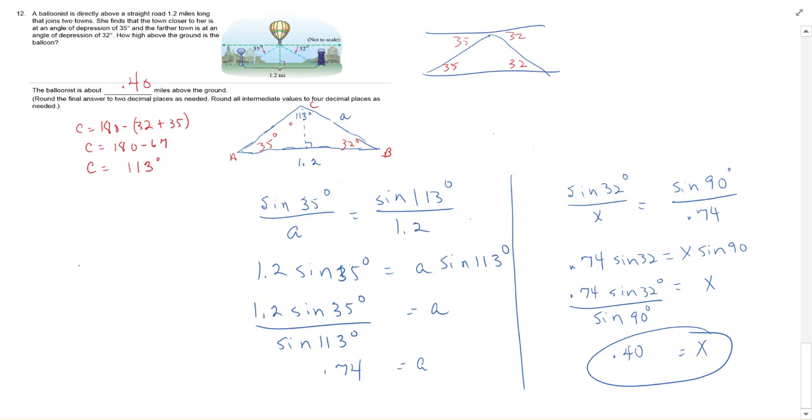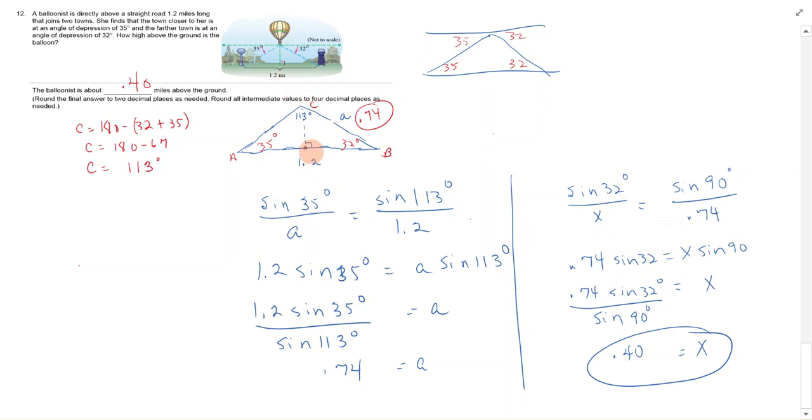So having this picture, I did sine 35 over A equals sine 113 over 1.2. And then cross multiply, you solve, and you get this A is 0.74. So I had to figure that out. Then I went over, and we're supposed to be finding this height right here because that's how high the balloonist is.